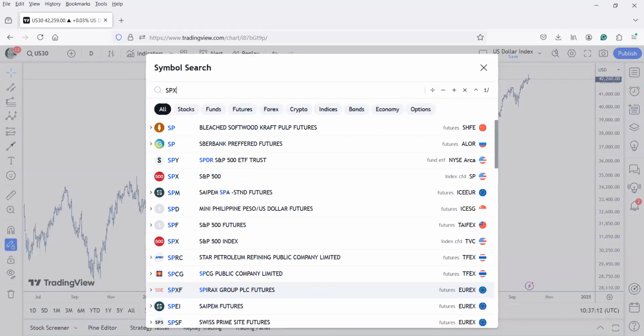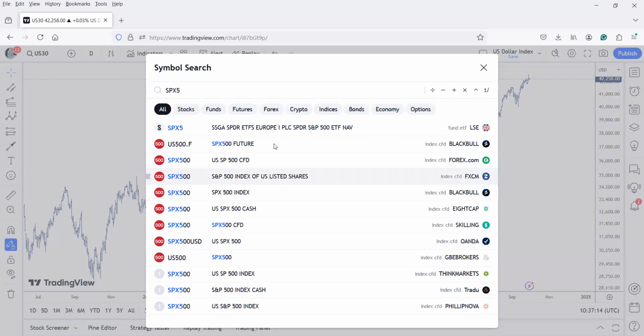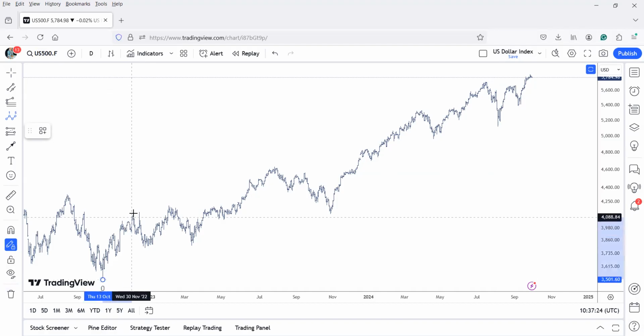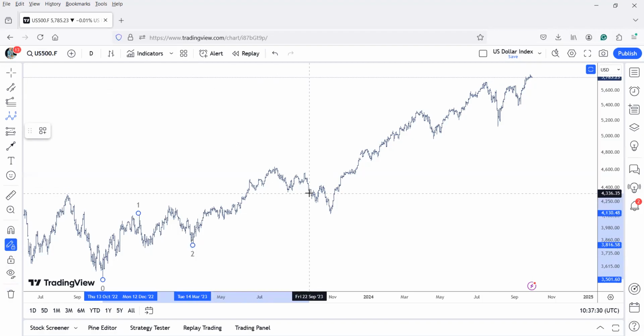So let's quickly view SPX500. Earlier there were questions about minor wave 3 complete, 4 is left out, but now we've got every aspect done. The third wave was extended 1, 2, 3, 4, and 5. That is minute subdivided 5 waves.